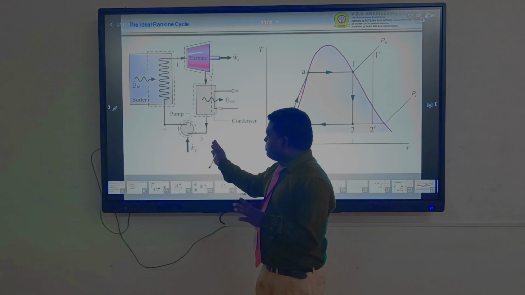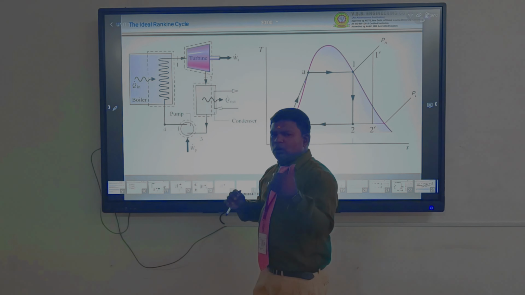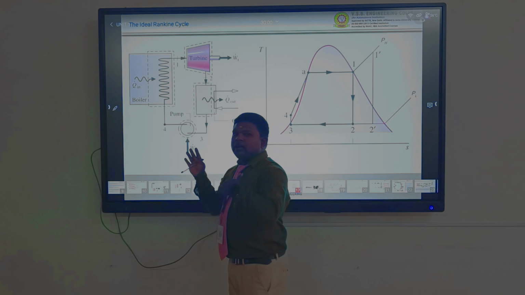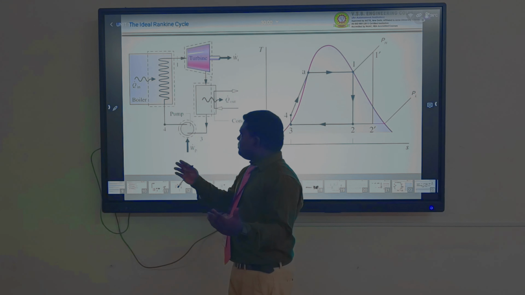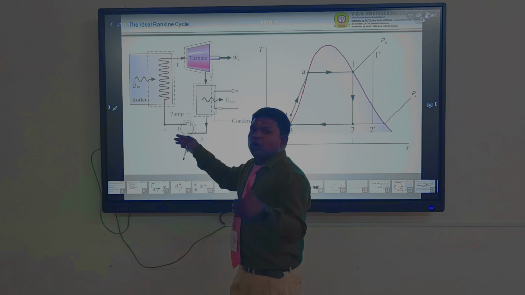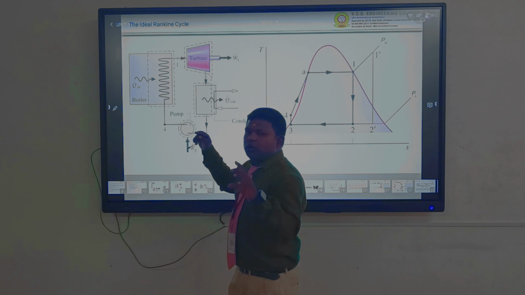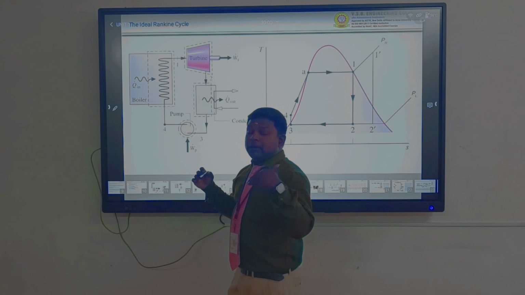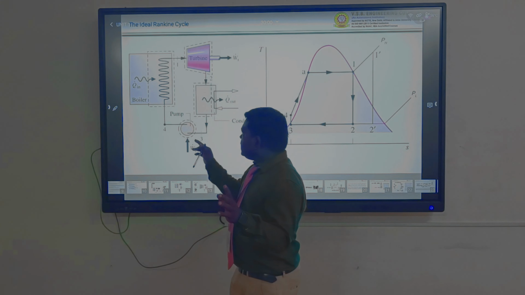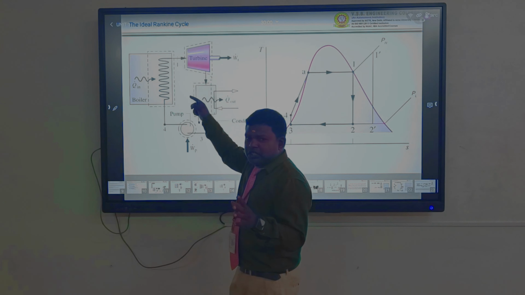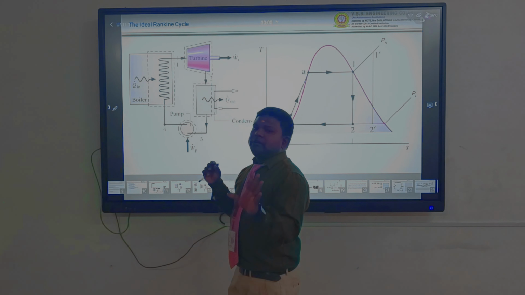Before the feed pump, the liquid is at low pressure, low temperature. At the exit of the feed pump, it is high pressure, low temperature liquid, because the feed pump increases the pressure to the maximum allowed pressure, and the same pressure is obtained at the turbine.